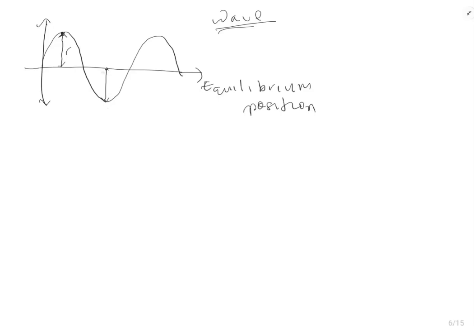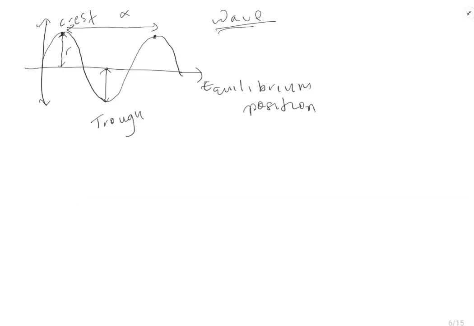This maximum point we call the crest, and the minimum point of a wave we call a trough. When we look at two points, two crests, the distance between them is what we call a wavelength. So a wavelength is the distance between two consecutive points that are in phase.